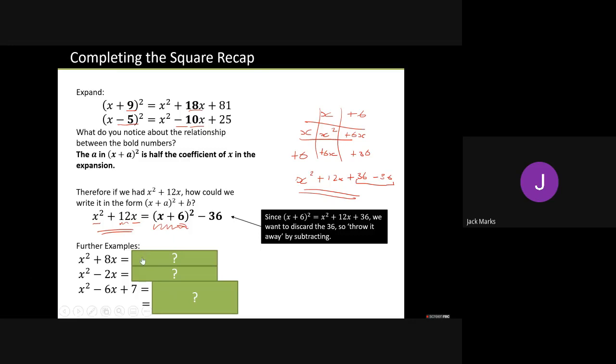Some further examples then. Half of this one here, minus 16. I often like to think of this as a bracket, and then straight away subtract the number part that will be created.